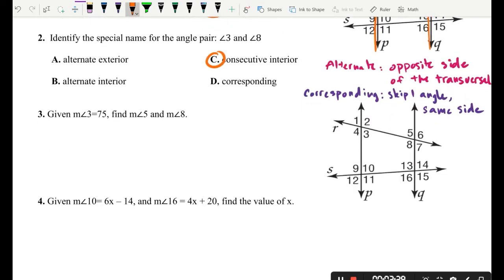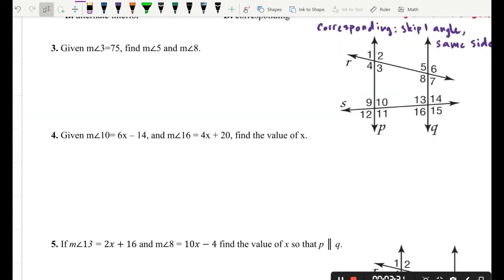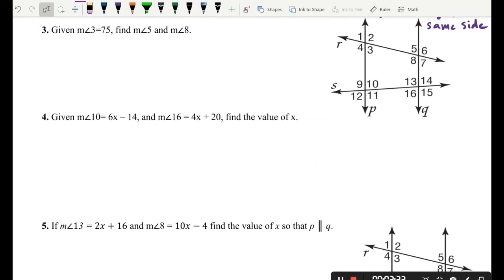We go down to problems 3 and 4. Problem 3 says that angle 3 is 75. What is the measure of angle 5 and angle 8?